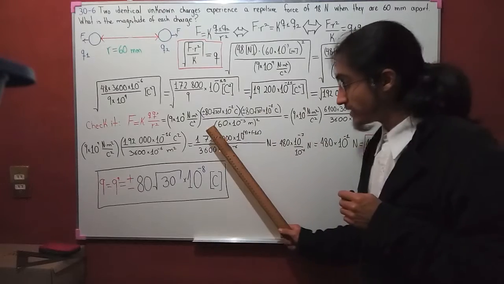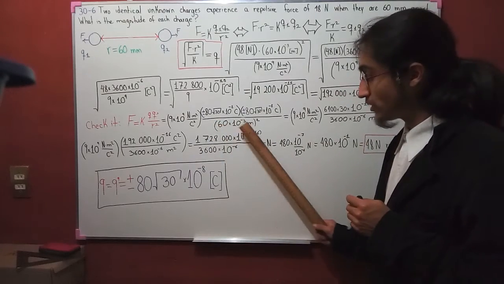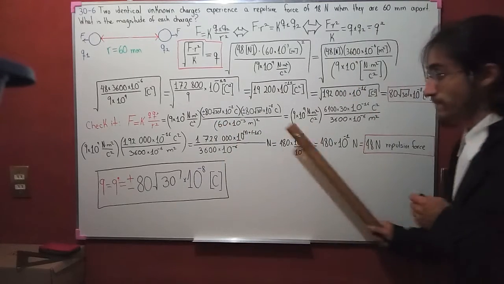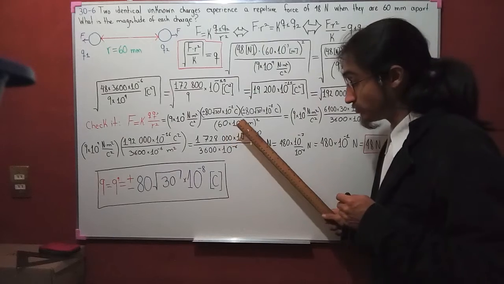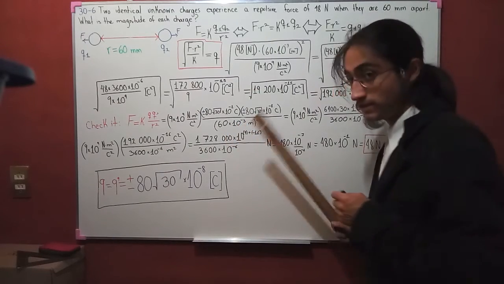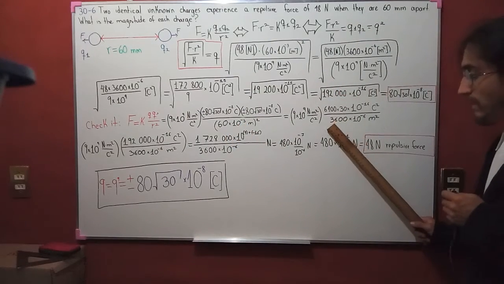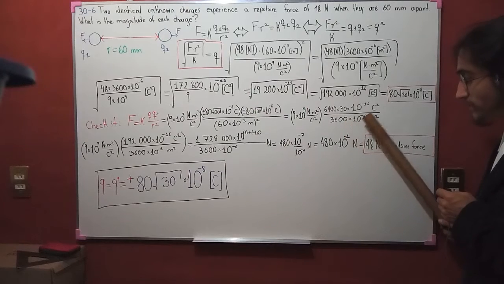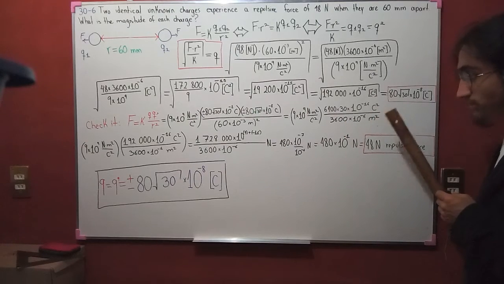This divided by the square of the distance. So 60 multiplying 10 raised to the power of negative 3 meter squared is equal to 3,600 multiplying 10 raised to the power of negative 6 meter squared.